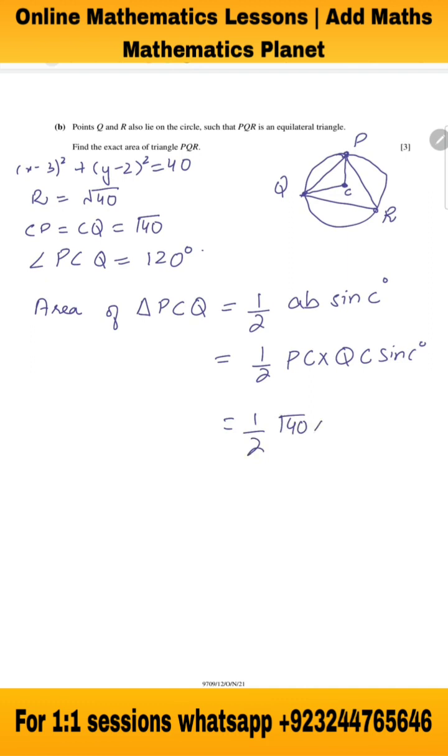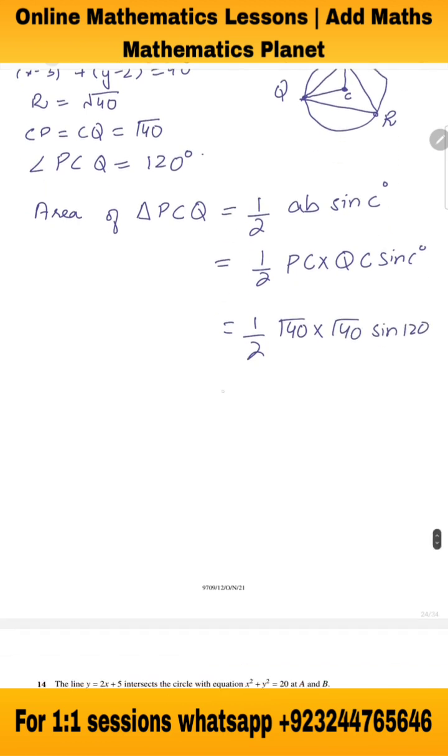Square root of 40, square root of 40, sine 120, 10 square root of 3. So we get the area of the triangle, 10 square root of 3.